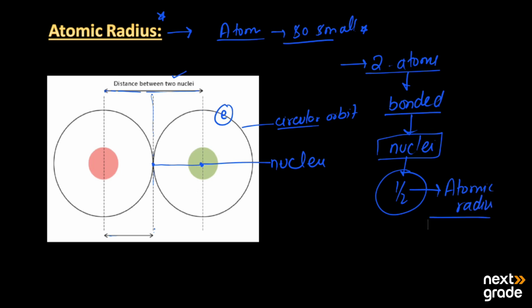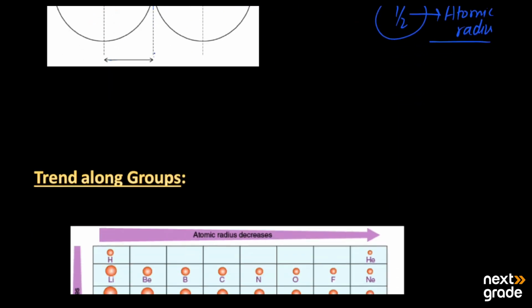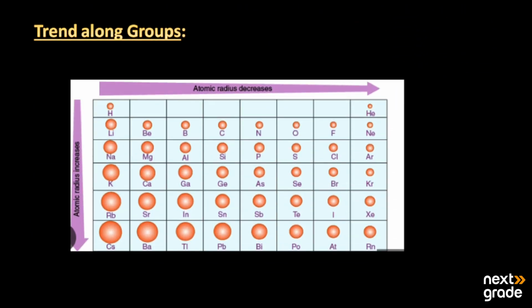So let's discuss its trend along a group and across a period. Trend along the group: when we move from top to bottom in a group, the atomic radius increases. Why does the atomic radius increase?